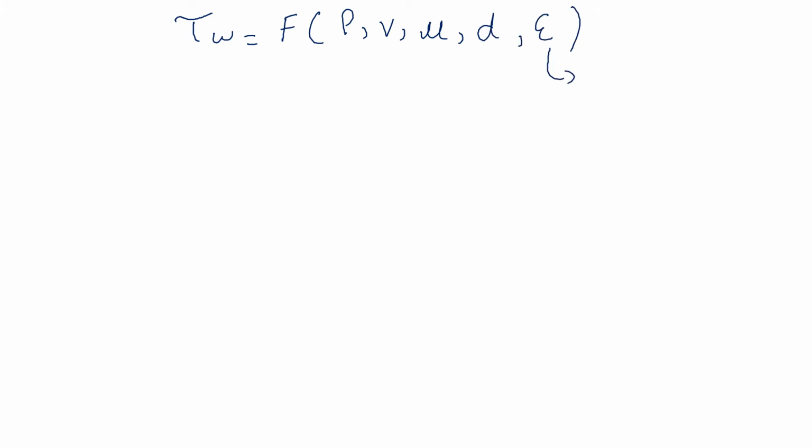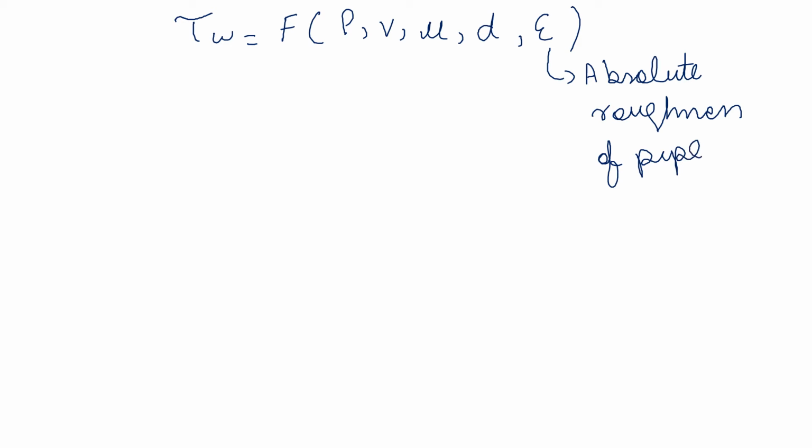Epsilon is the absolute roughness of the pipe, because the roughness of the pipe also causes some shear stress, and it will also be responsible for head losses. We will see that in a while.